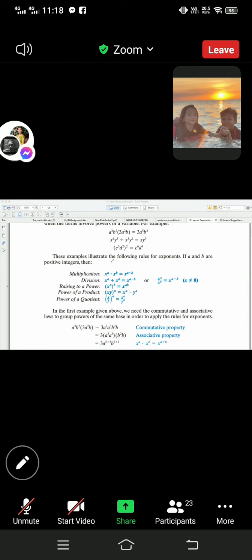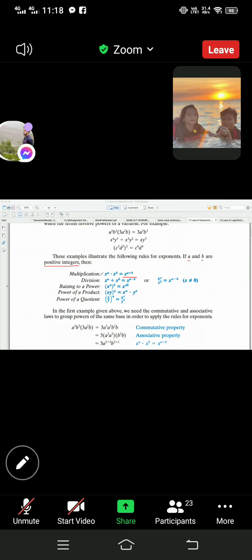Let your variable be x, and your a and b are the positive integers. Then we can have x to the power of a, this is the first term, times x to the power of b, so that will be equal to x.